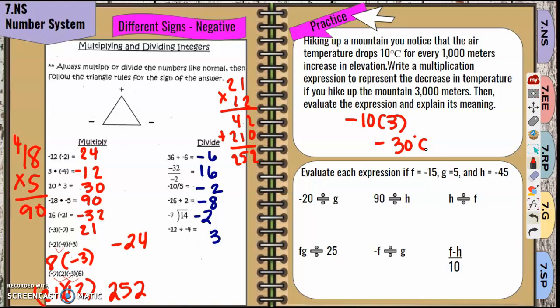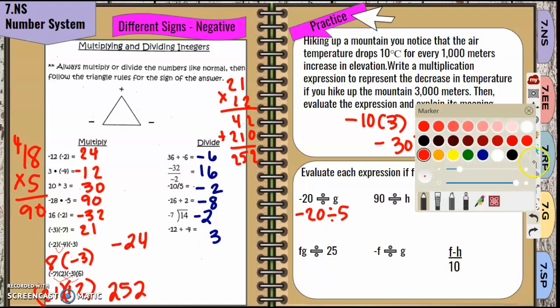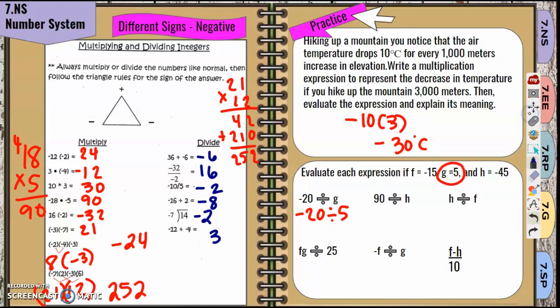So if I have negative 20 divided by g, g is 5, so I'm going to plug in 5 for that variable. And then I solve. Negative 20 divided by 5 is negative 4. Go ahead and pause the video and finish working out the rest of these problems.